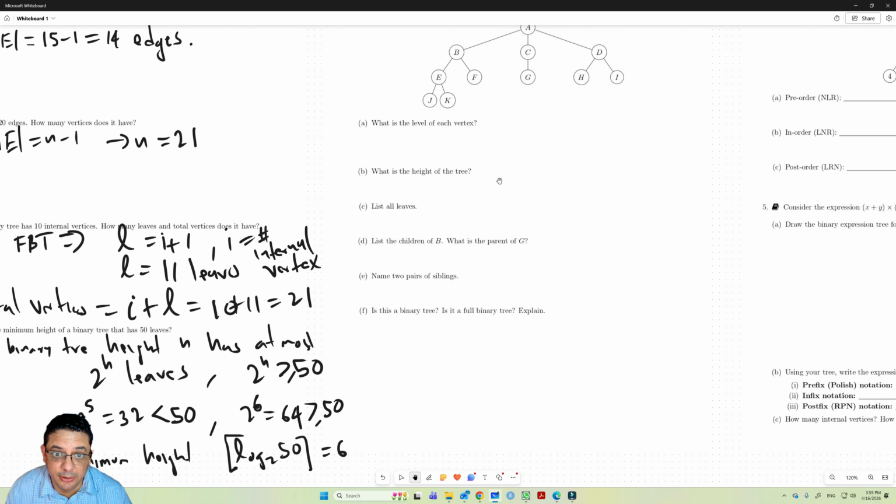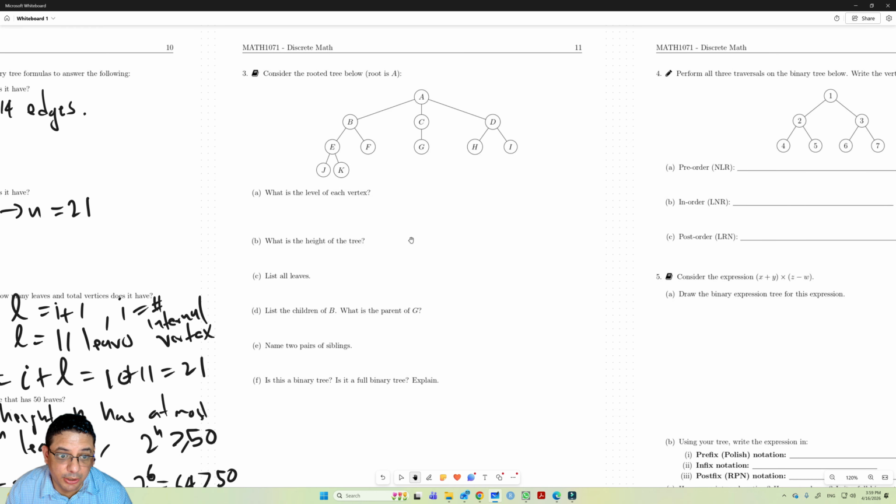All right, so now for question number 3, we're considering the rooted tree below. So we have that the root here is A, and we want to consider a couple of questions about this tree. So first, we want to consider what is the level of each of the vertices. So of course, because A is the root, then A is at level 0.